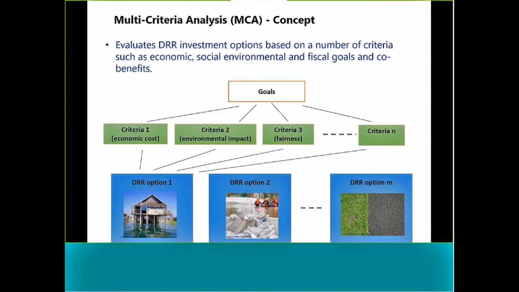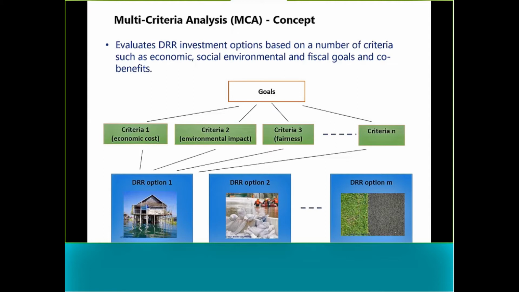This could be done by giving a direct monetary value in the case of economic cost, or by giving a range of, say, 1 to 10. In order to do this, we often use literature, technical analysis, or expert judgment. Once we have scored each of these disaster risk reduction options, we ask stakeholders about their preferences: would you feel economic cost is more important than environmental impact?